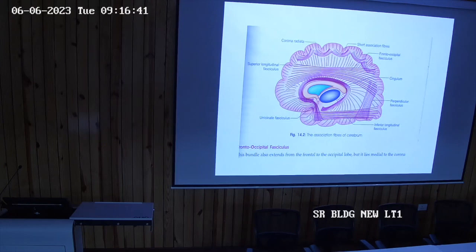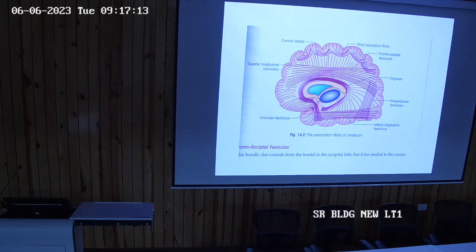These are of different types. The first one is association fibers, which are of two types. One is the arcuate fibers, which connect the adjacent gyri. You can see here, these are the short association fibers. The second type is the long association fibers. The best example is the cingulum, which connects from the paraterminal gyrus to the uncus.